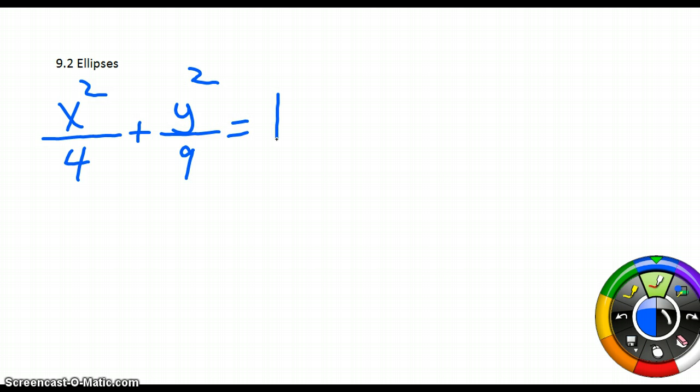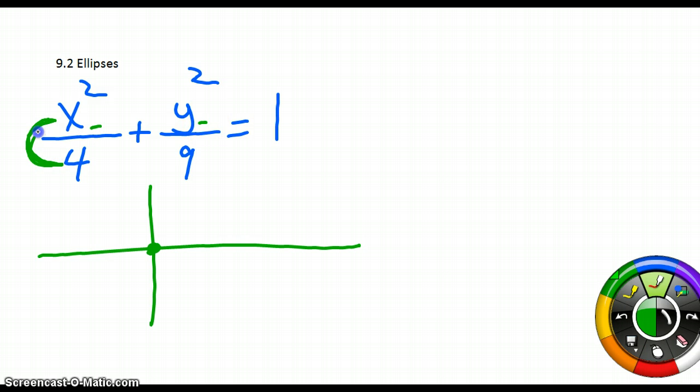Now, the last thing that we'll discuss is that sometimes the ellipse will go the other way. So let me give you an example of that. If I have x squared over 4 plus y squared over 9 equal to 1. This looks the same, but it will turn out a little differently. Let me show you why. The center is still going to be (0, 0), because we have none of that.